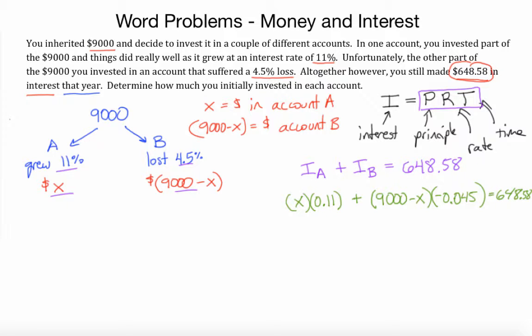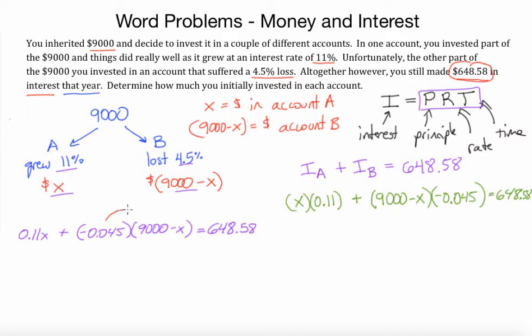All right. So let's rewrite it in a little bit friendlier sense over here. So we have 0.11x plus negative 0.045 times 9,000 minus x is equal to 648.58. First thing I'm going to do is distribute.